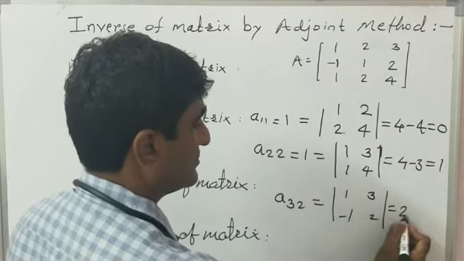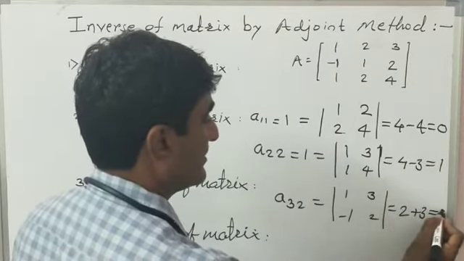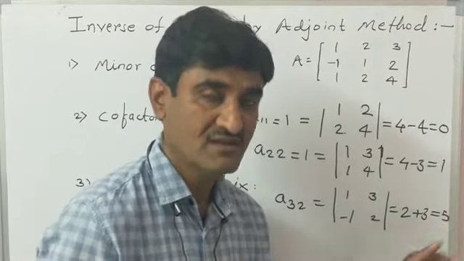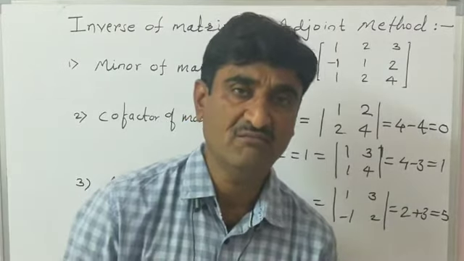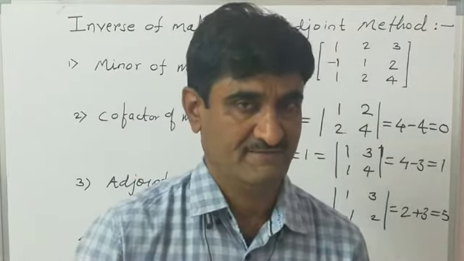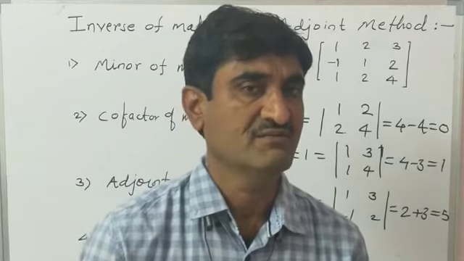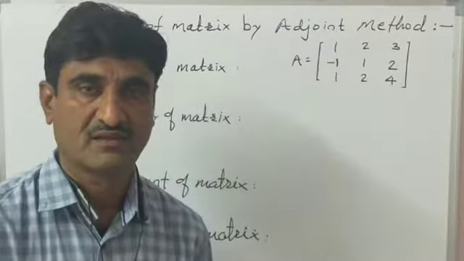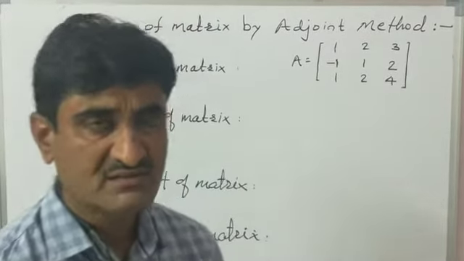If we solve, 2 plus 3 equal to 5, this is the minor. In this way, we can find the minors of all 9 elements. This is the minor of the respective elements. In this way, we find the minor.